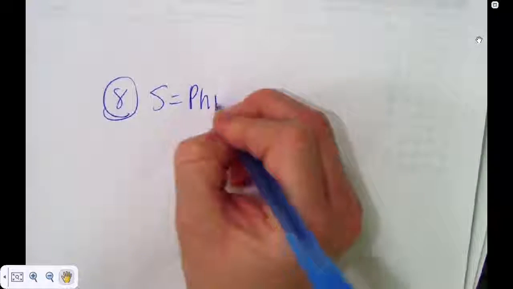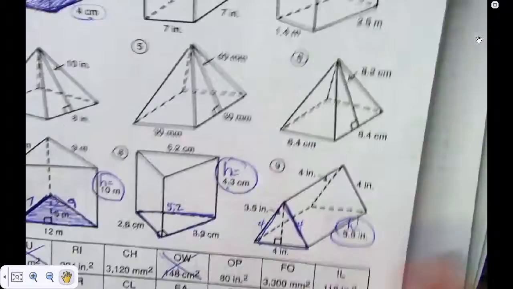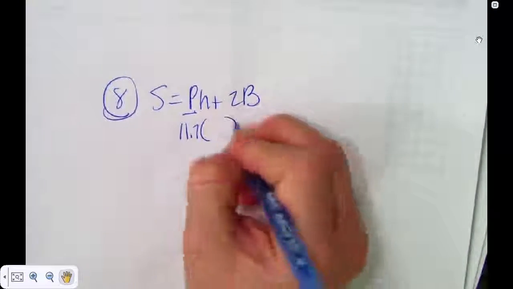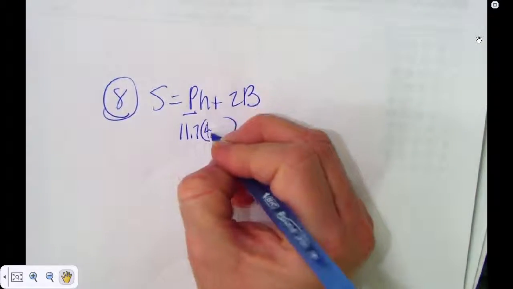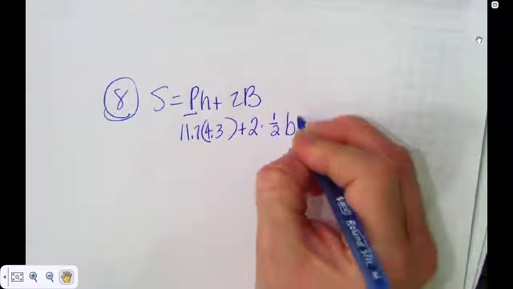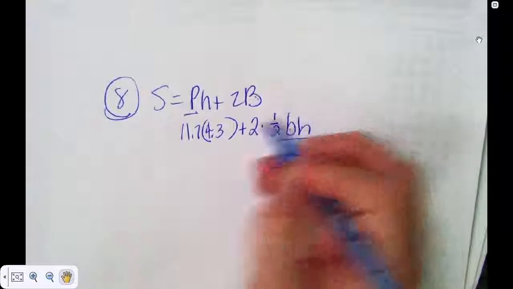I'm going to do the total surface area for that prism. The perimeter is what? 11.7. Awesome. And then the height is? 4.3. Good. Plus 2 times one half base times height, because that's how you get the area of a triangle, and the base is a triangle.